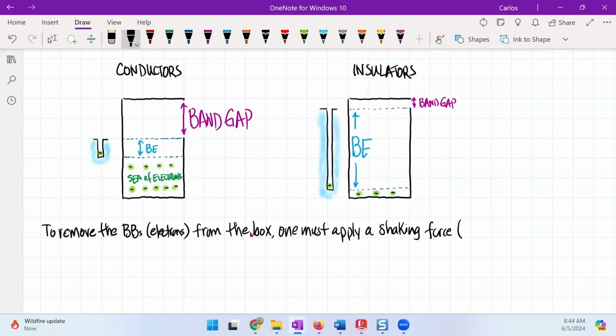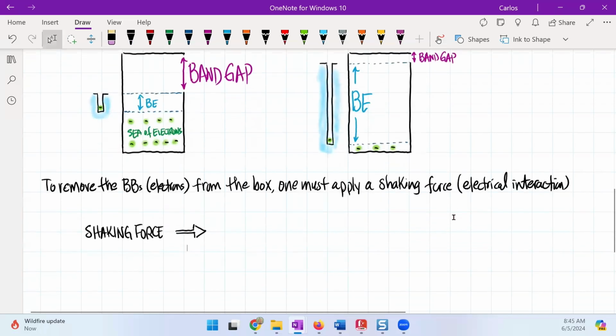And what we mean by that, there has to be some electrical interaction. So in other words, I'm going to now provide a shaking force. And as I provide a shaking force, what actually happens?